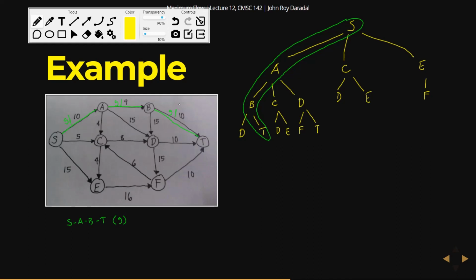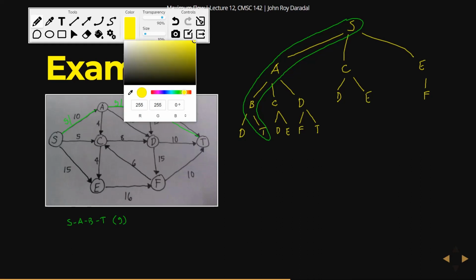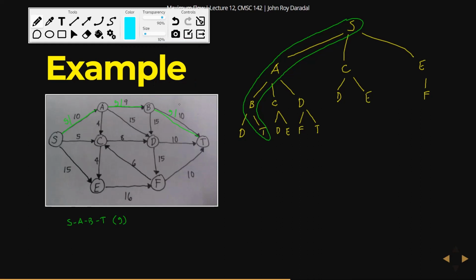But since we've found another T here, which is the sink vertex, let's check this one. So S, A, D, T. Okay, so it's in here, SADT.